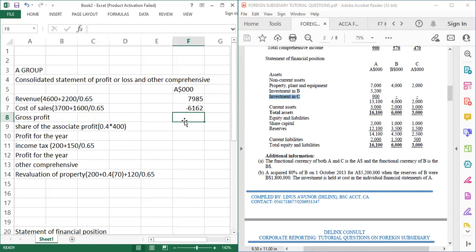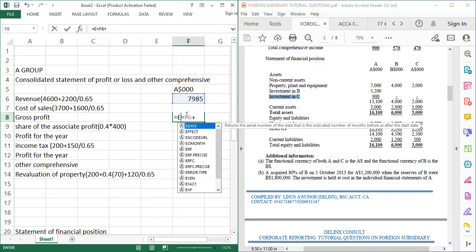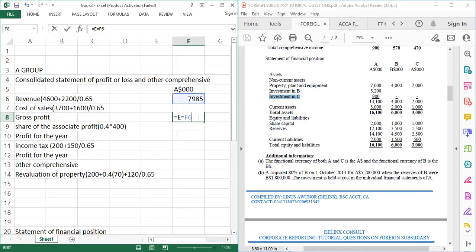So let's find the gross profit now. 1823.